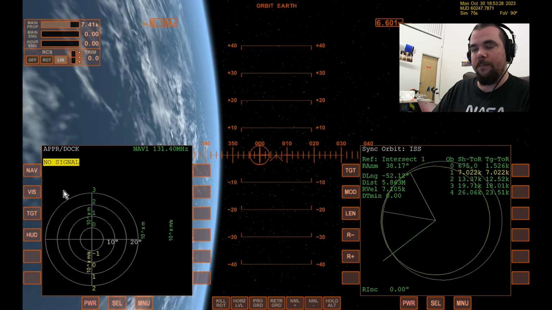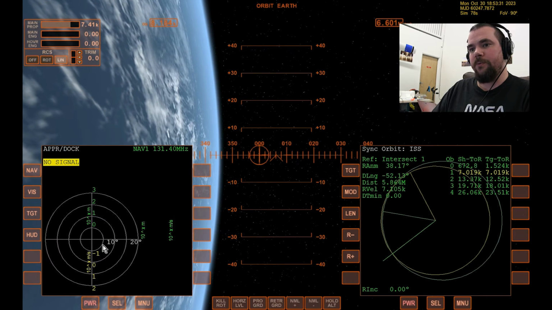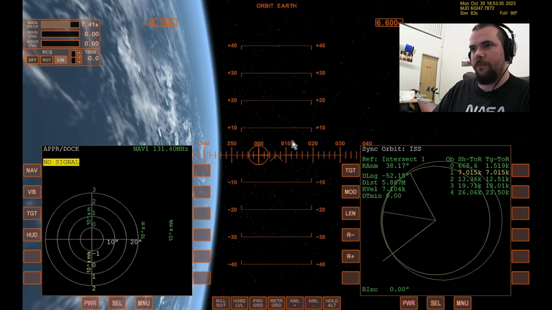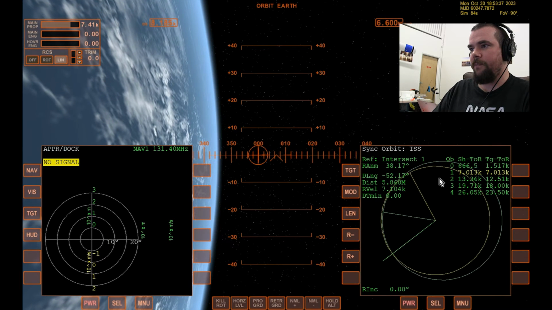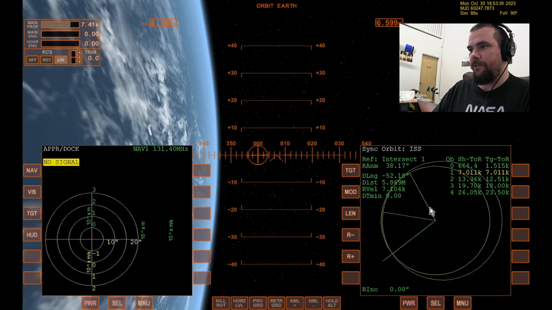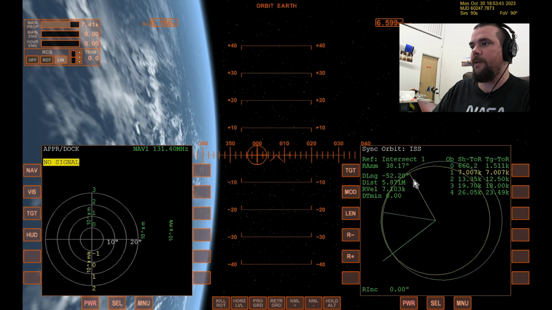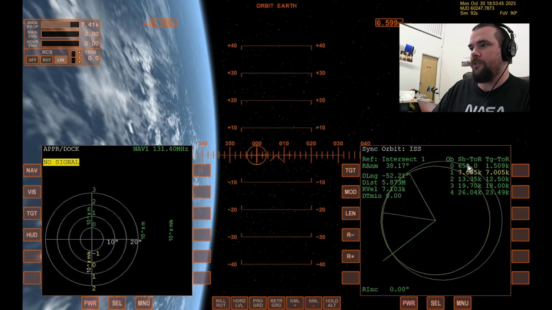Okay. And go ahead and turn on my docking MFD. I haven't showed you this one yet, but this one is basically the tool that you use for the final docking procedure. And we're not within range right now. You can see we're on the green line, and the International Space Station is on this yellow line, and we're just over 1 orbit away.